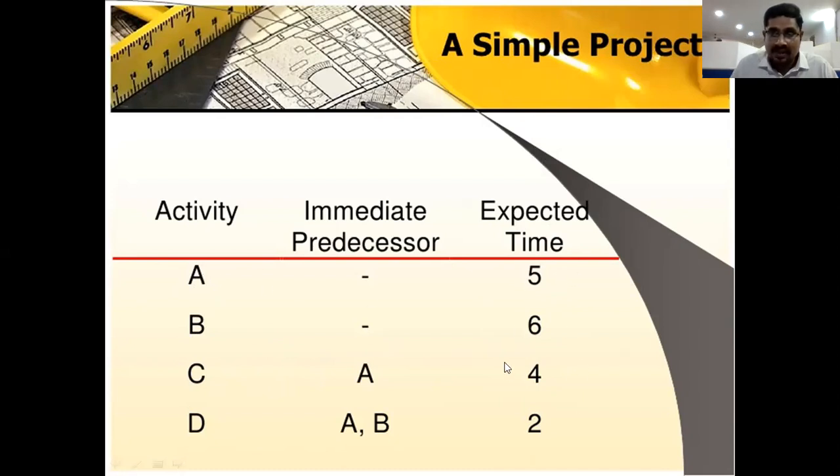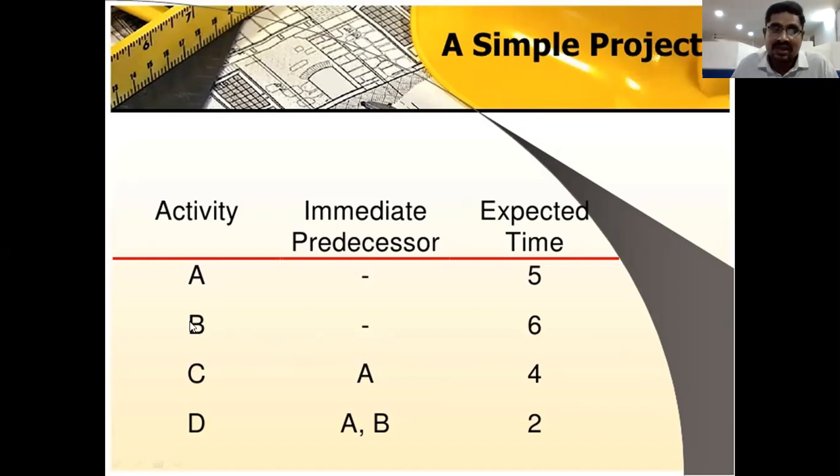Suppose here we have a hyphen. This hyphen means this activity has no preceding activity, no dependencies. That means A is a self-starter. B also has no preceding activity, so B is also a starting point.